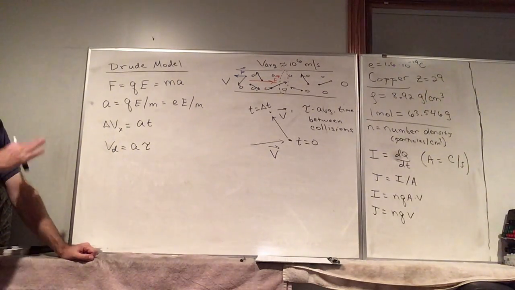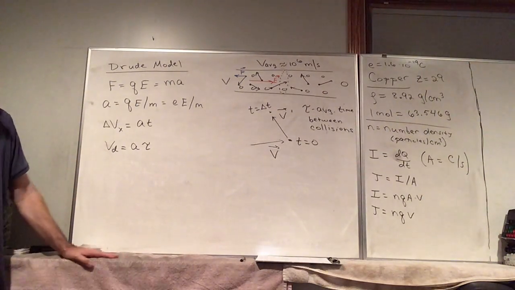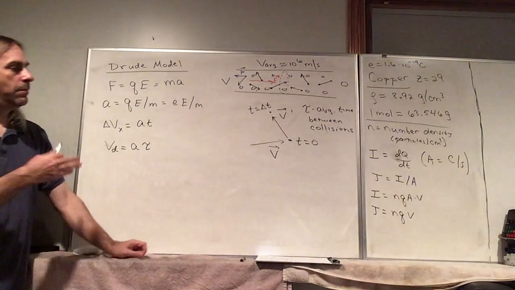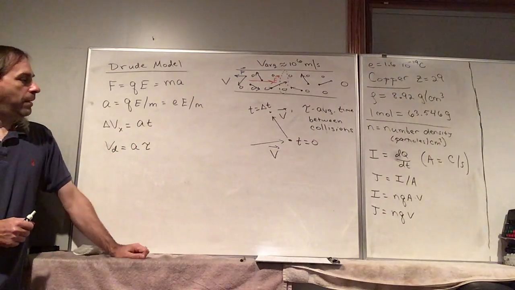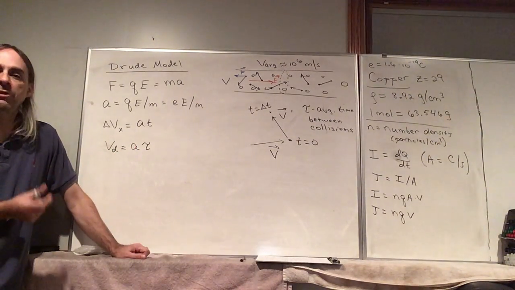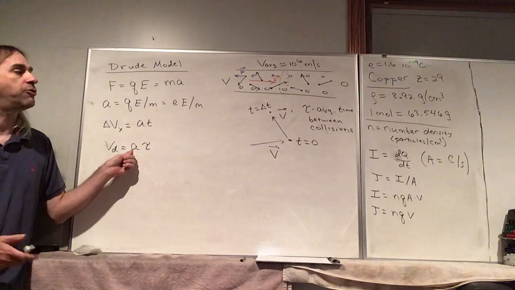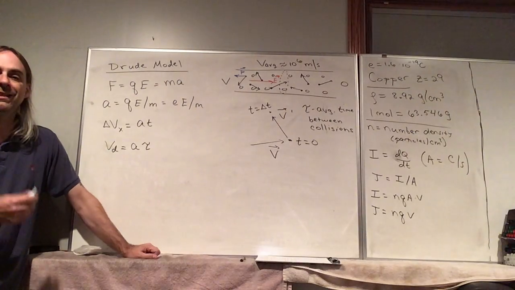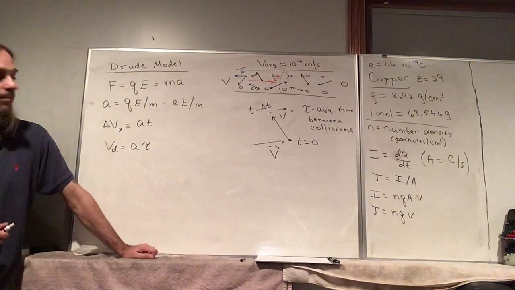So let's just say at one moment in time, we take this average delta V, the change in velocity for each electron. It is its acceleration, which is the same for each electron, times tau, which is the time since its last collision with an atom.